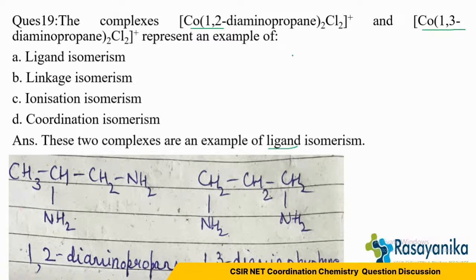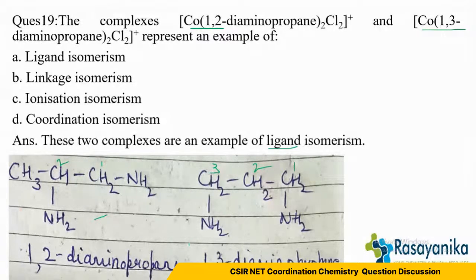As you can see from the structure I've shown here, this is 1,2-diaminopropane: two amine groups, propane, 3 carbons. And this one is 1,3-diaminopropane, 1, 2, and 3.